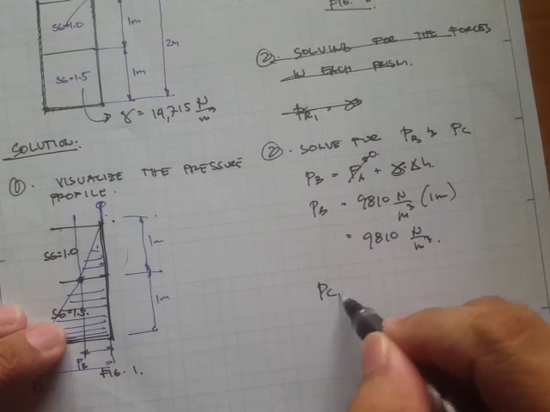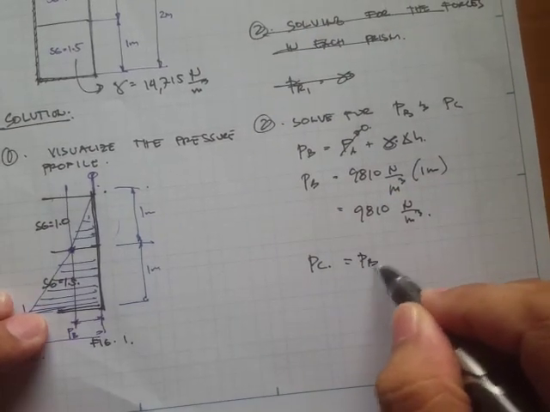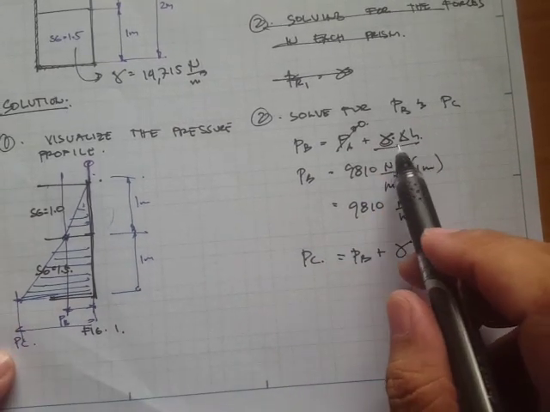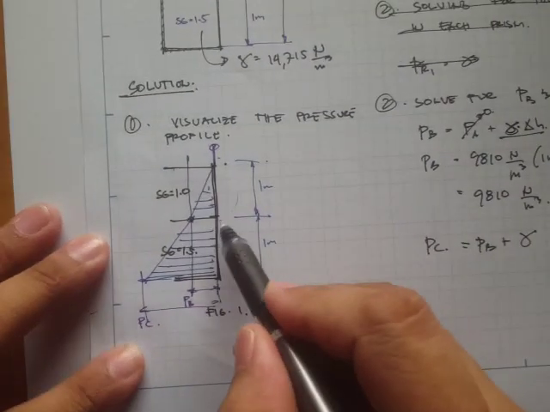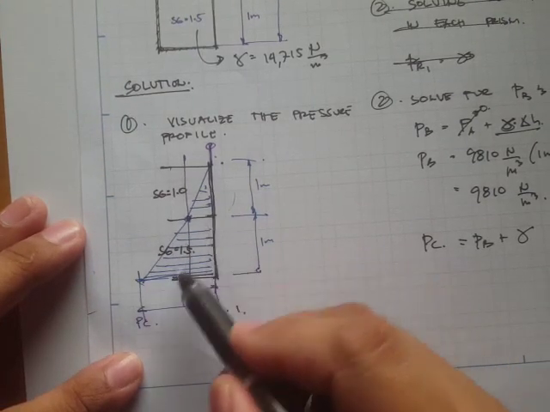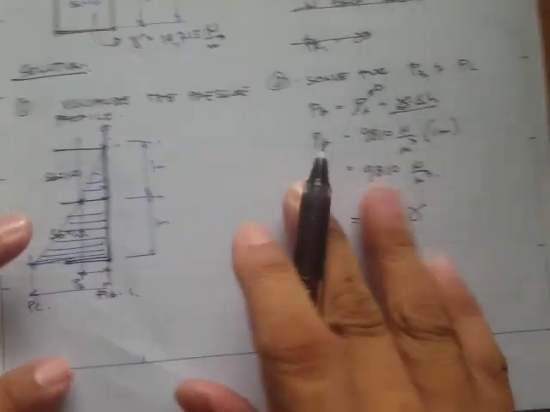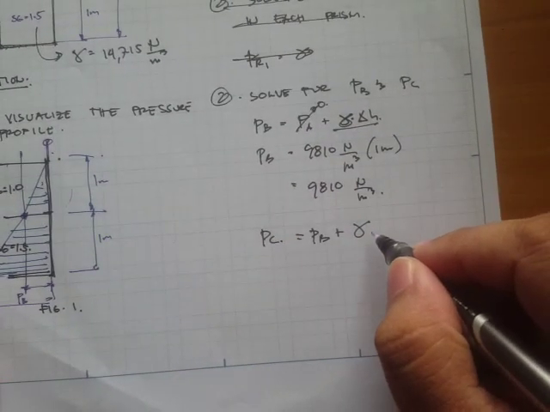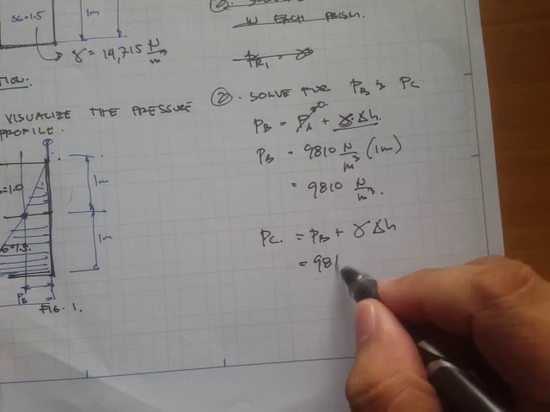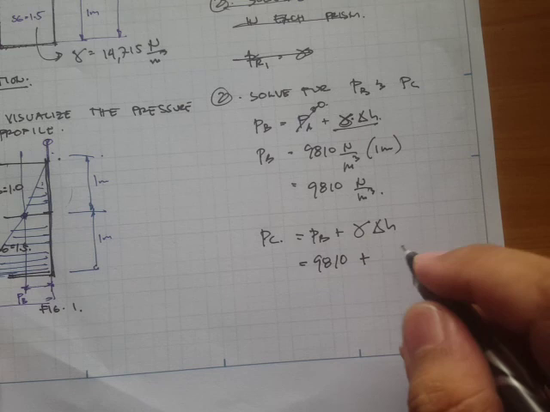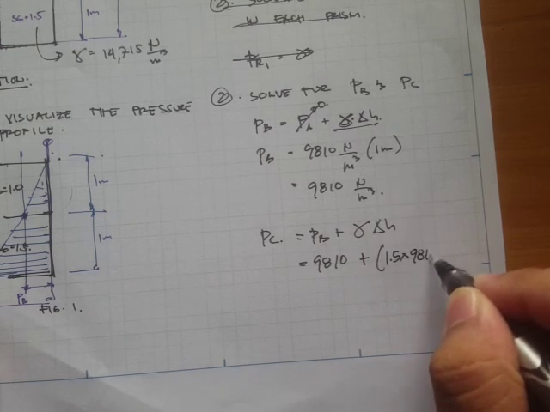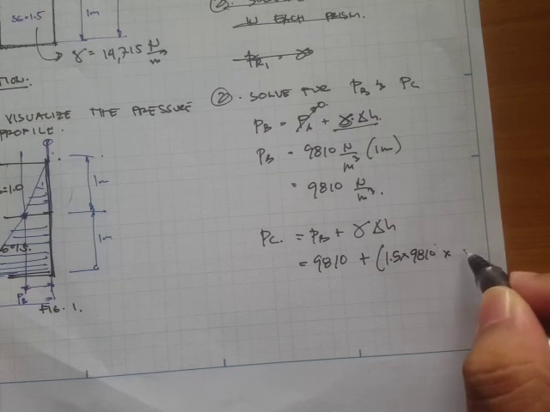Then PC would simply be PB plus the unit weight, but this time the unit weight, because we are referring to this region, is the unit weight of this fluid. So that's going to be 9,810 plus 1.5 times 9,810 times 1.